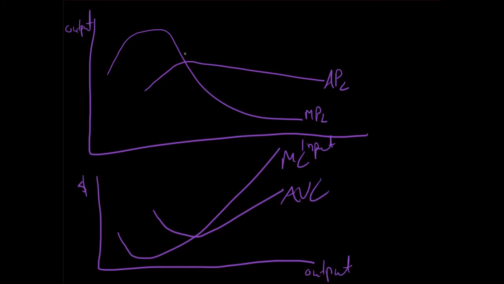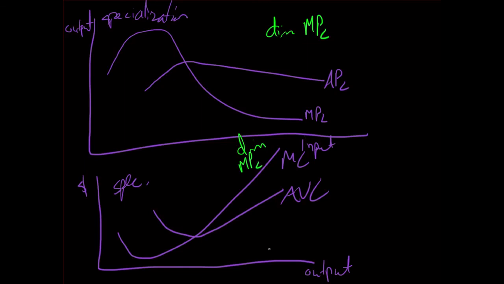The first part over here is due to specialization, same thing as down here. And the latter part over here is due to diminishing marginal product of labor or marginal product of capital, diminishing marginal product.